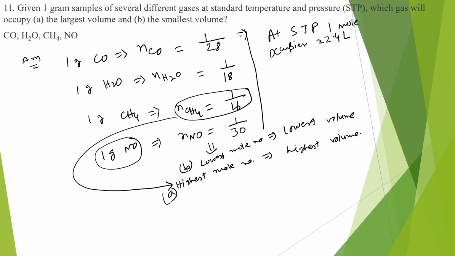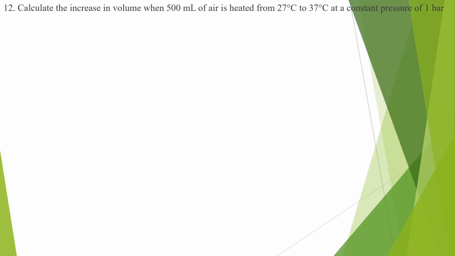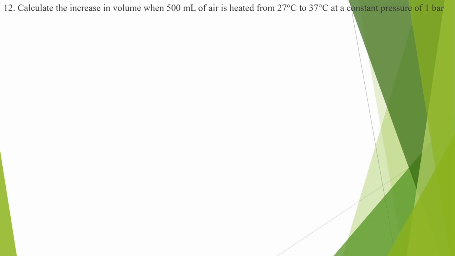So we move to next problem number 12. It says calculate the increase in volume when 500 ml of air is heated from 27 degrees Celsius to 37 degrees Celsius at a constant pressure of 1 bar. So here pressure is constant. So we know PV is nRT.